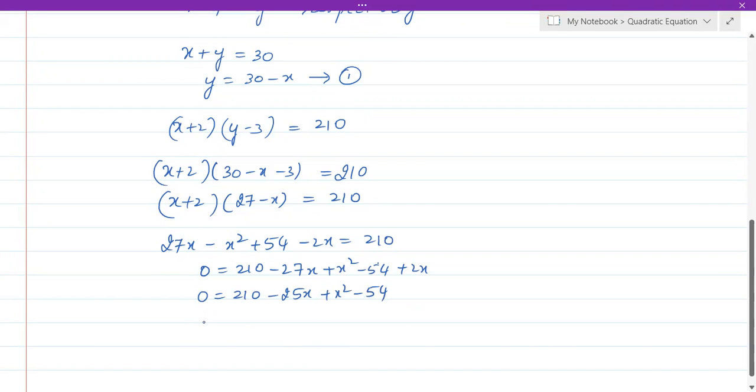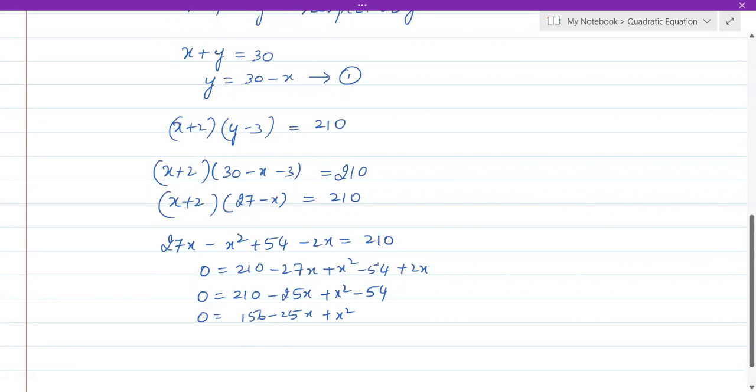So 210 minus 54 will become how much? 156.